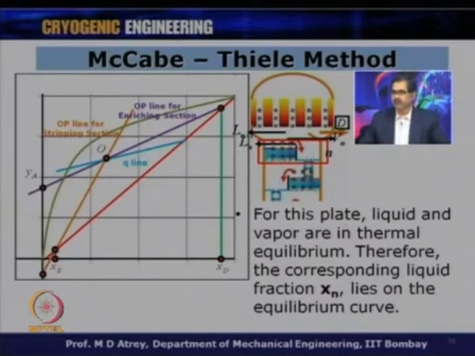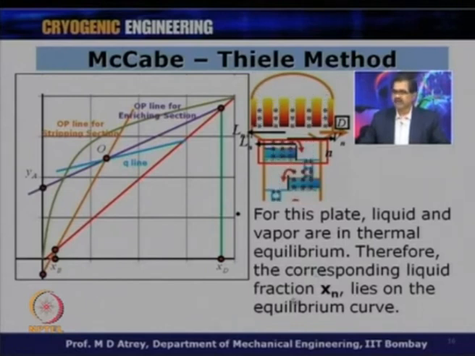For this plate, liquid and vapor are in thermal equilibrium. Therefore, the corresponding liquid fraction Xn for this plate, this is my nth plate now, whatever liquid mole fraction leaves this plate will be called Xn, and whatever vapor leaves this plate is going to be called Yn. And as we just talked, this Yn and Xn are going to be in thermal equilibrium, because now we are going to talk about this plate only.